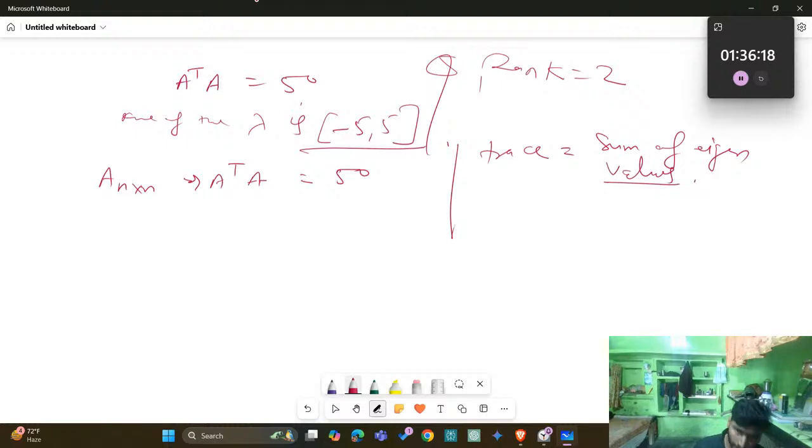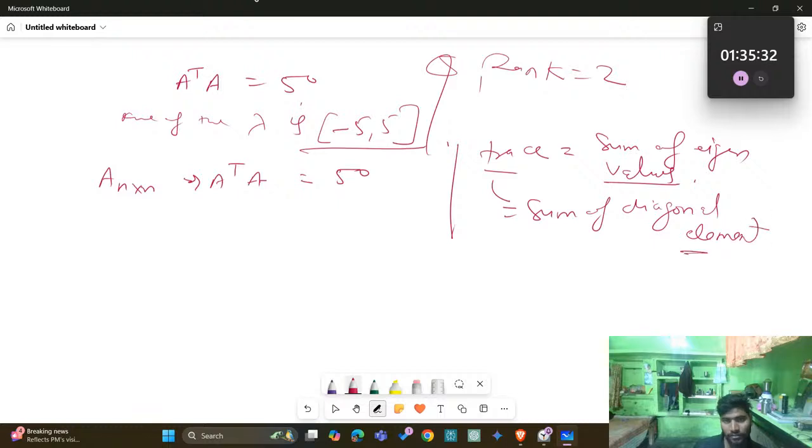So the sum of eigenvalues, or we can say it is equal to the sum of diagonal elements.